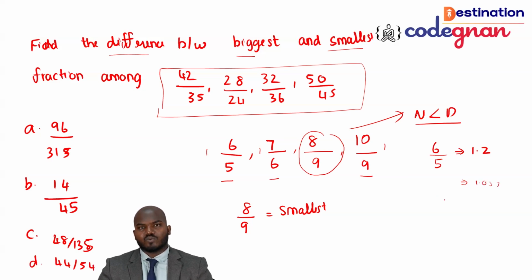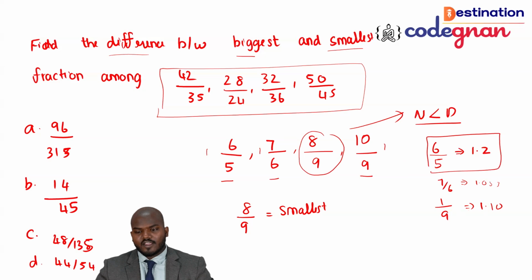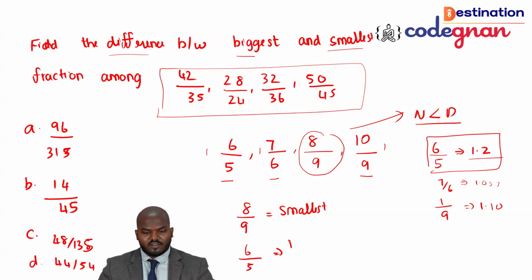And 10 by 9 means what? 1 by 9 is 0.1111, so this will give you 1.10 something. So, guys, 6 by 5 is the greatest value, giving 1.20. So 6 by 5 is the biggest value here.